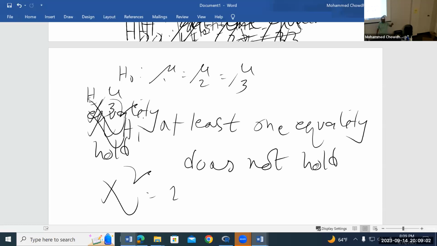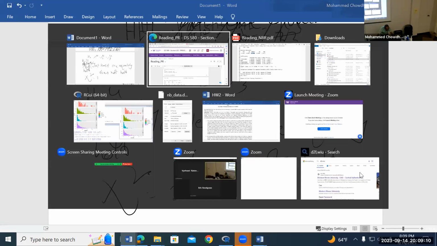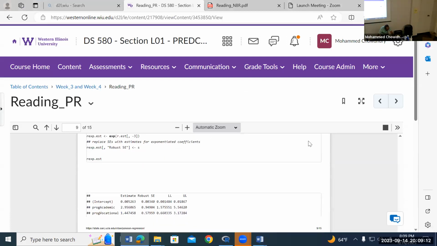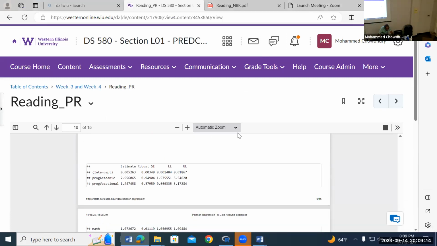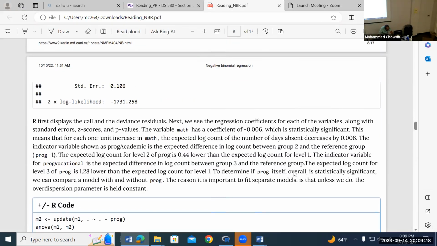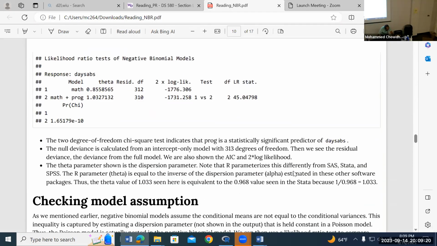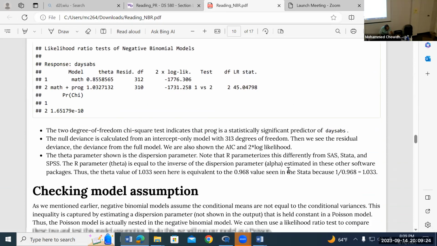Thank you for asking this question. After this, now you have to explain the same things in terms of incidence rate ratio.